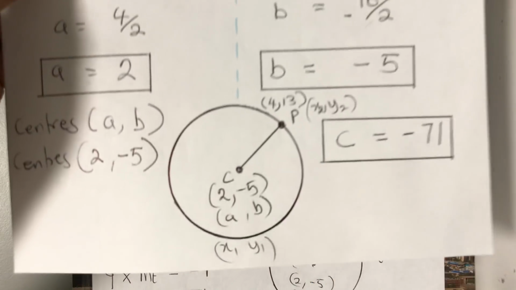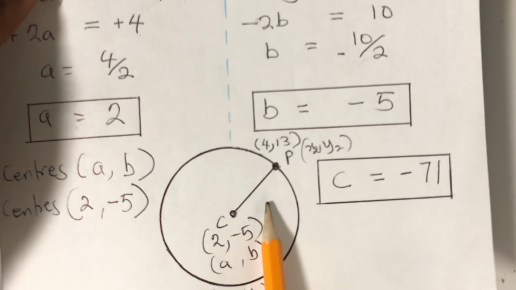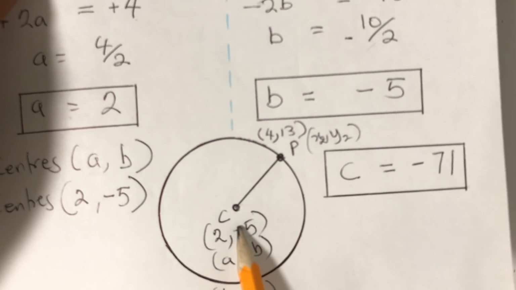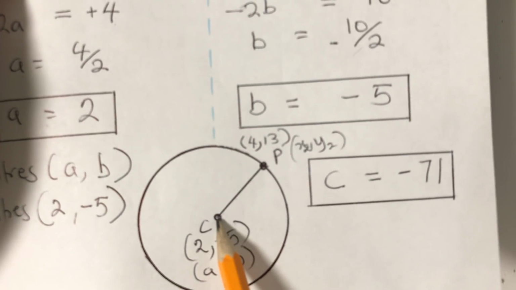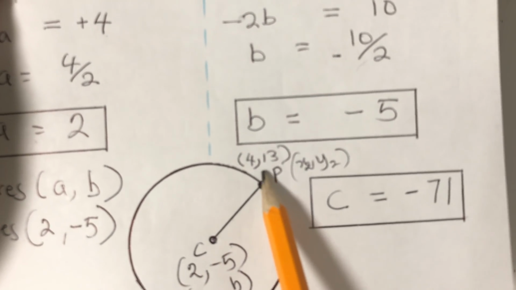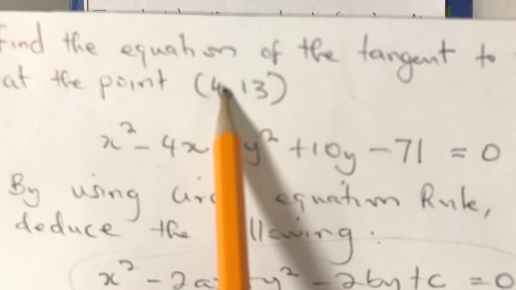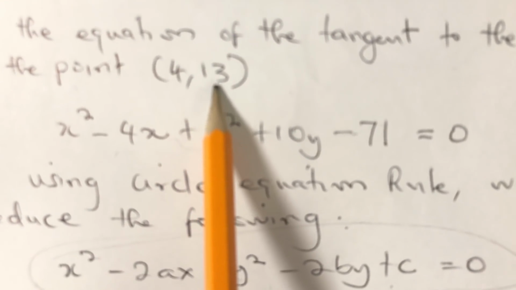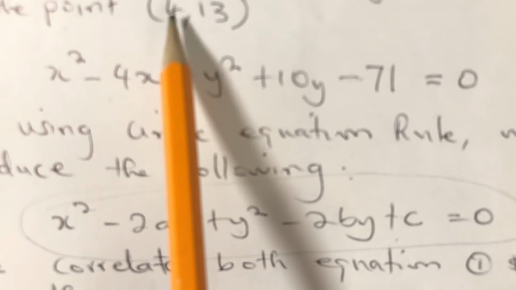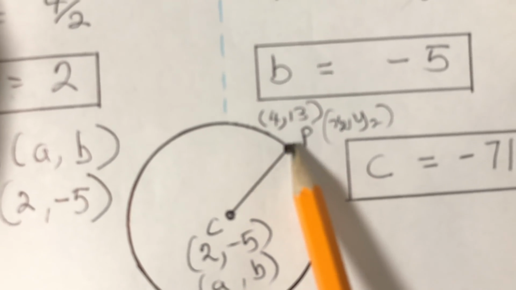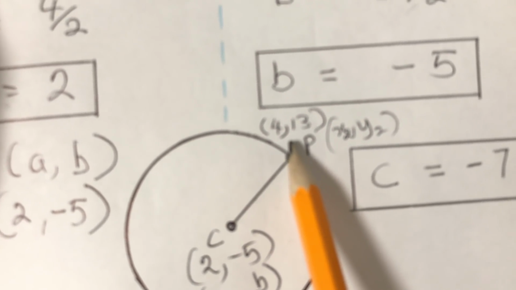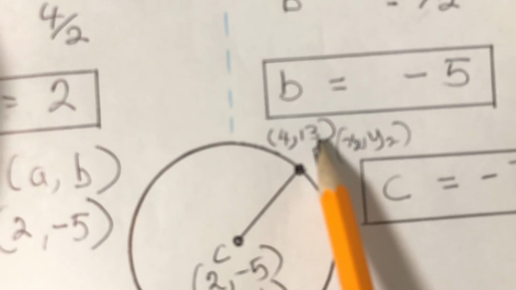We have the center, which is (2, minus 5), connecting to the point on the circumference, which we are given, (4, 13).